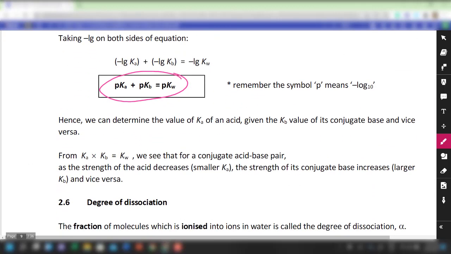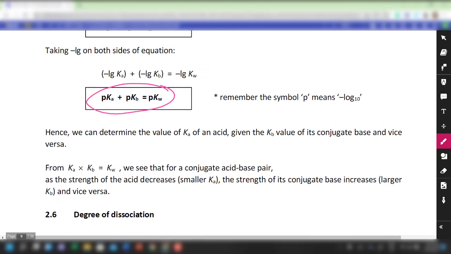This is a very important expression, because from this expression, if I give you the Ka of ethanoic acid, you can easily tell me the Kb of its conjugate base, which is ethanoate.